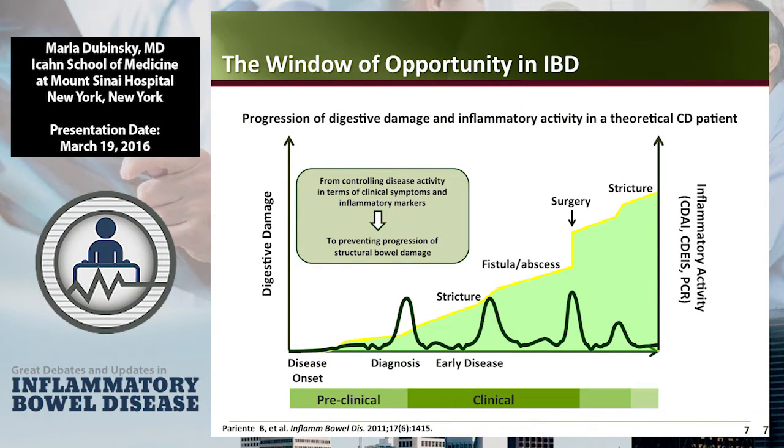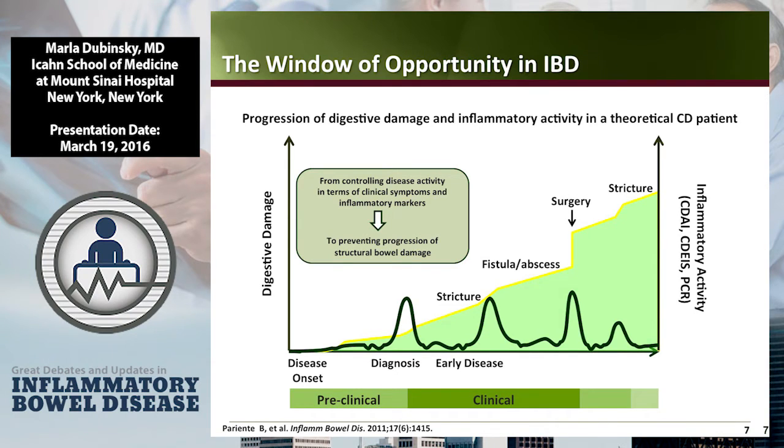Now, why does treat to target matter? Well, treat to target matters because we as gastroenterologists managing an IBD patient have a very, very, very small window. This is a window before bowel wall damage happens. Once bowel wall damage happens, our drugs are only going to be as effective as they can be, because bowel wall damage means scar tissue.